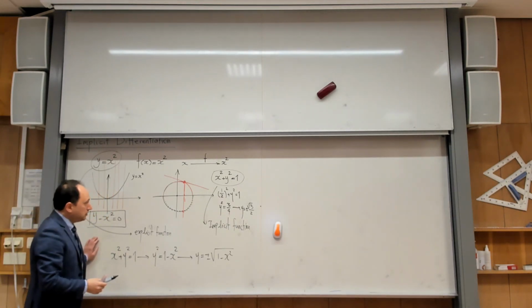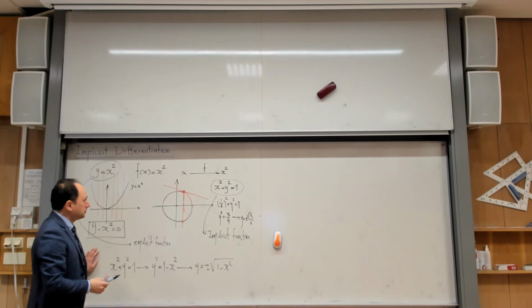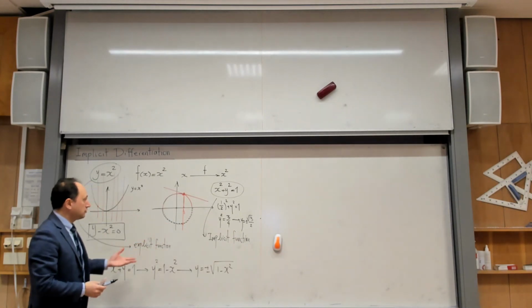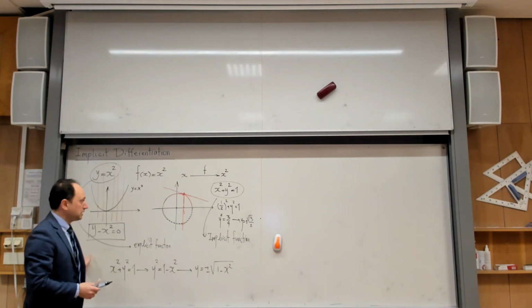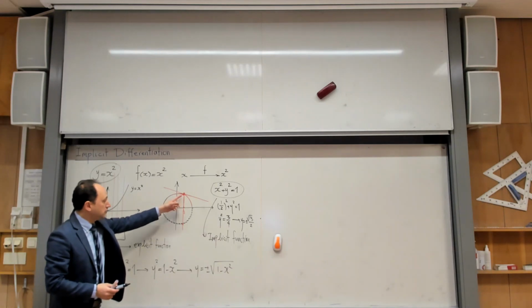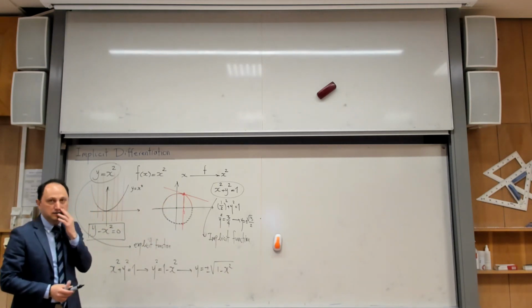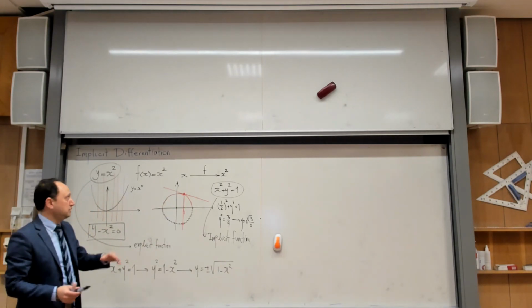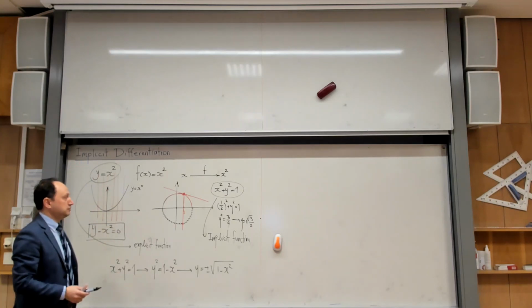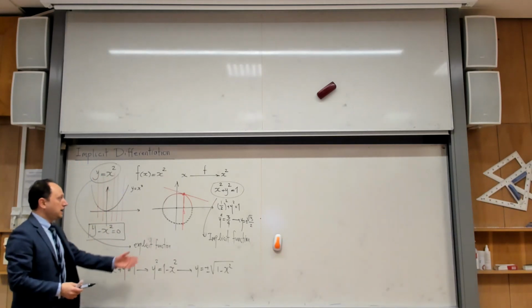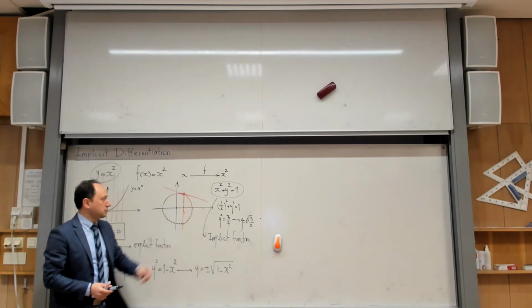Okay, now to find the slope, I want to take the derivative of my function. If I ask you, can you find the slope of this one? You definitely say yes. How do you find it? For example, assume that you didn't know anything about implicit differentiation, and I ask you to find the slope of this tangent line.